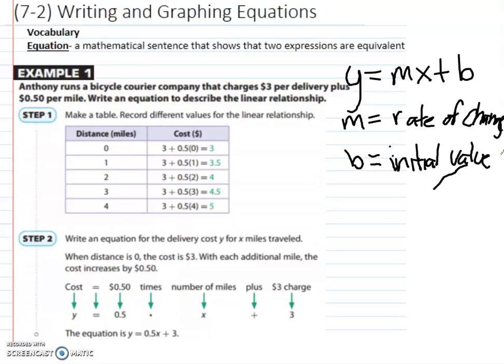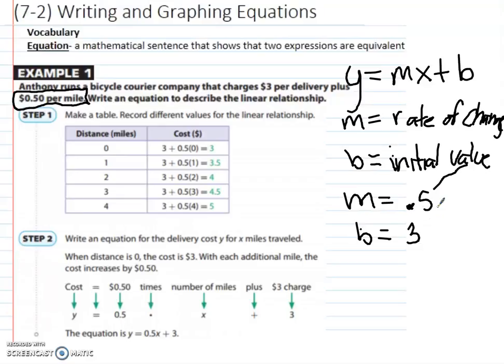So in this case, the b is the initial value. It's the $3. And we're charging 50 cents per mile. The constant rate of change is 50 cents.